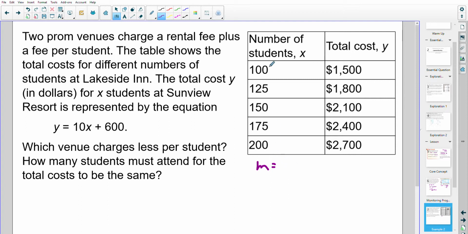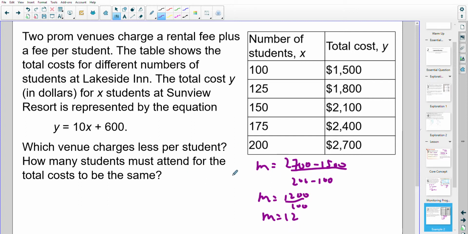I'm just going to choose the first and last because it's easy with 100 and 200. So it's 2,700 minus 1,500 over 200 minus 100. That means that the slope is 1,200 over 100, which means the slope is equal to 12.